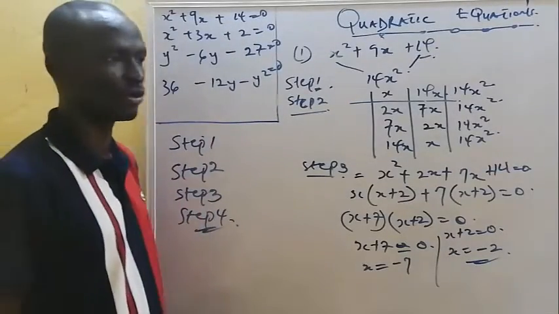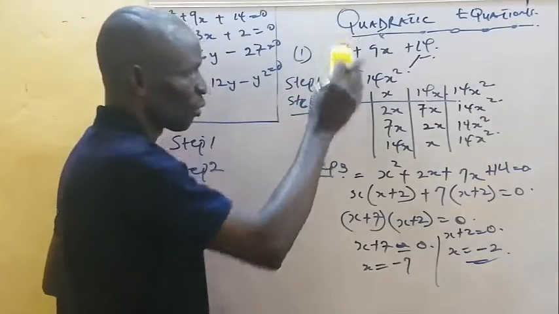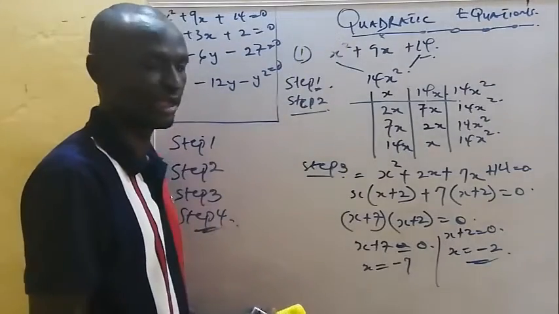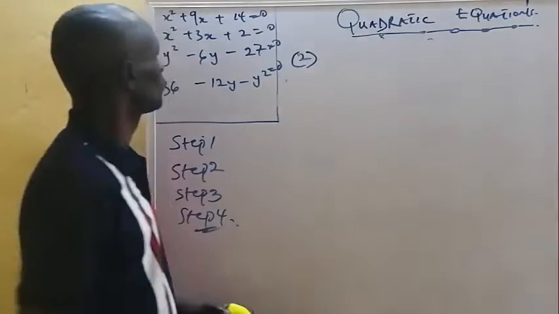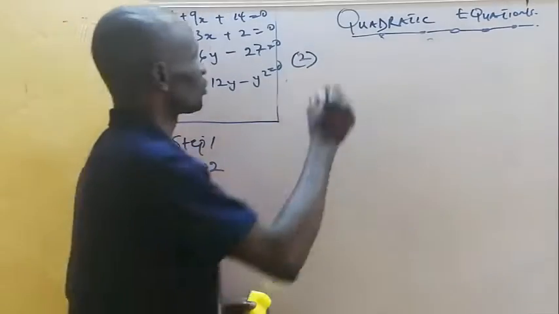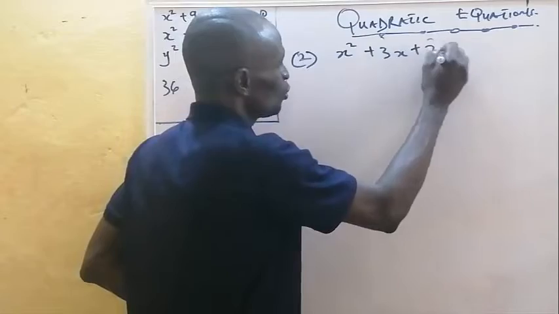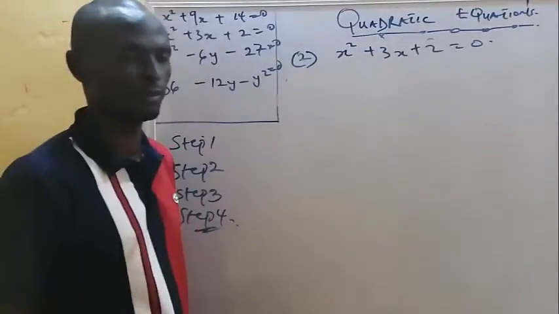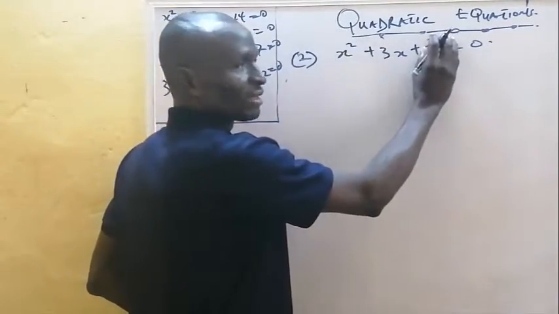Let's take a second question, and we'll follow the exact steps 1, 2, 3, and 4. For my question 2, x squared plus 3x plus 2 is equal to 0. Step 1 says multiply the first by the last.